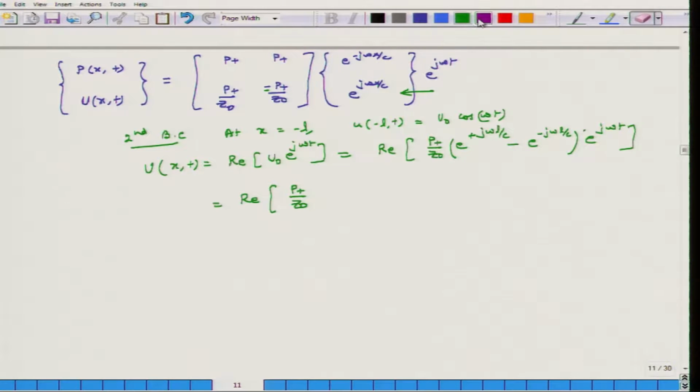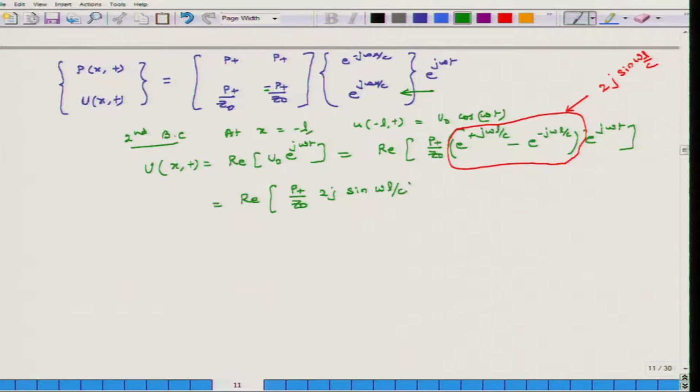2 j sin omega L over c, e to the power of j omega t.